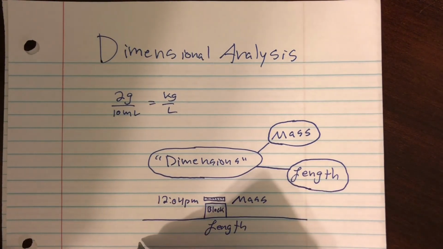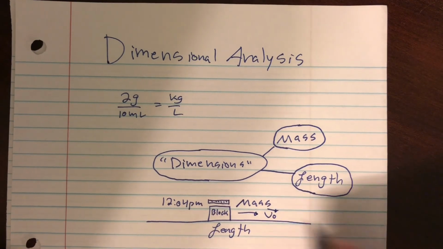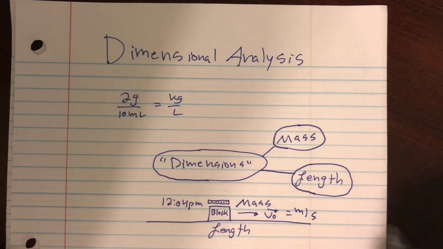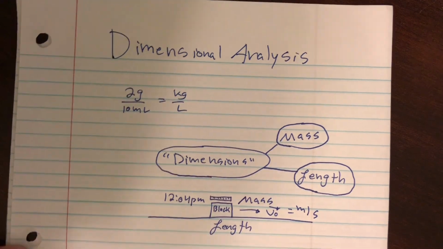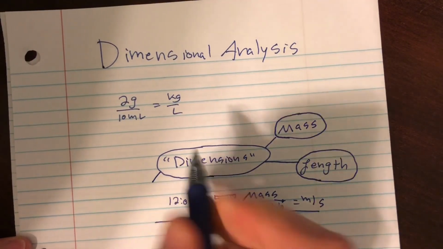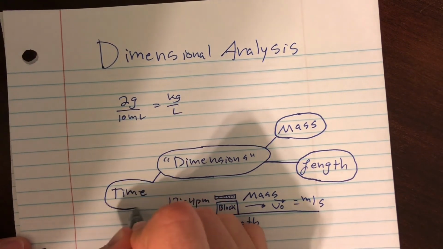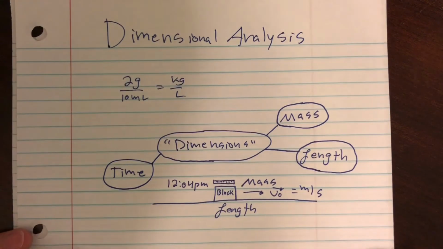If this block was moving, if it had some velocity in meters per second, then that would involve a unit of time. I'll give you examples of this, but time is another one of the big dimensional qualities.